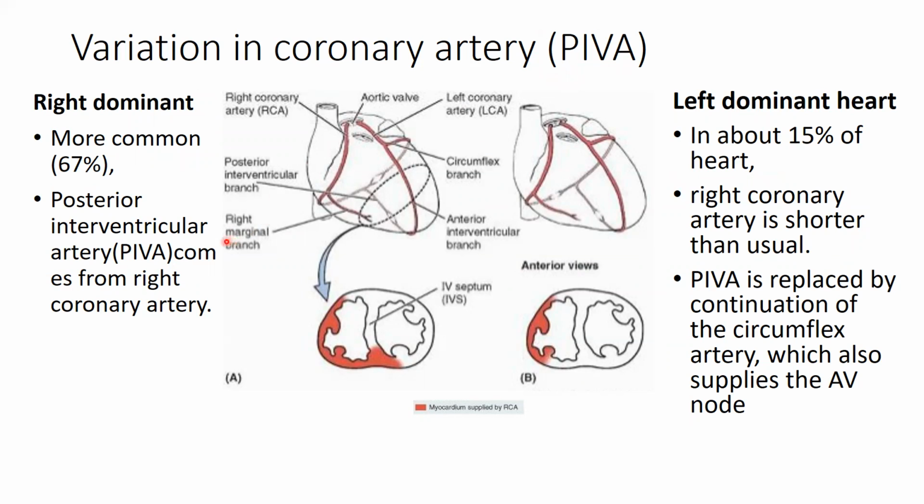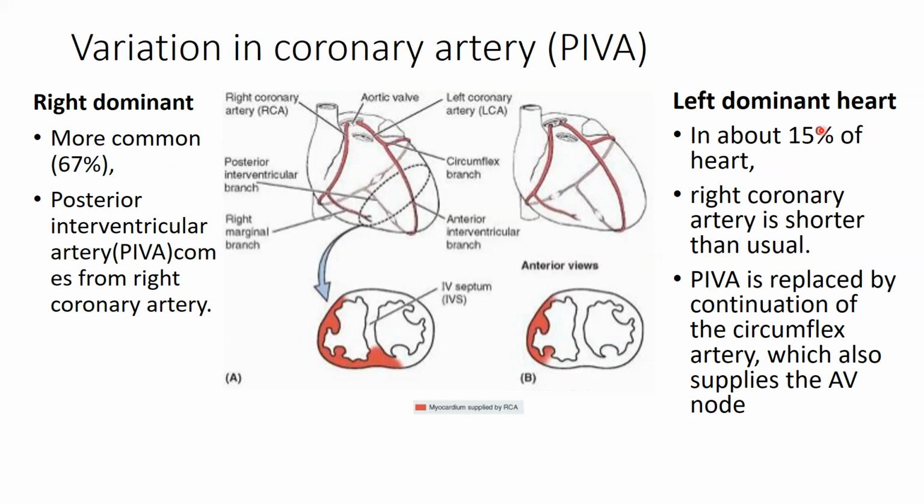If the posterior interventricular artery arises from the right coronary artery, it is right dominant, and that happens in about 67% of humans. Whereas in the left dominant heart, the PIVA arises from the circumflex artery, which is the continuation of the left coronary artery. It's about 15%.